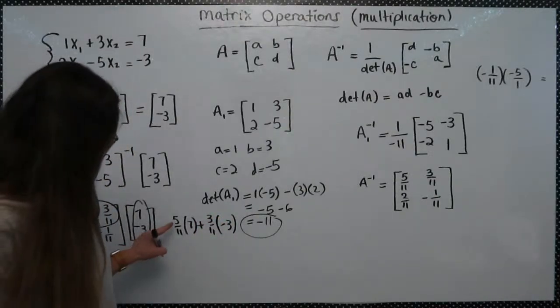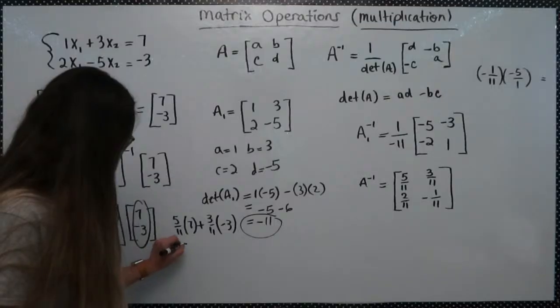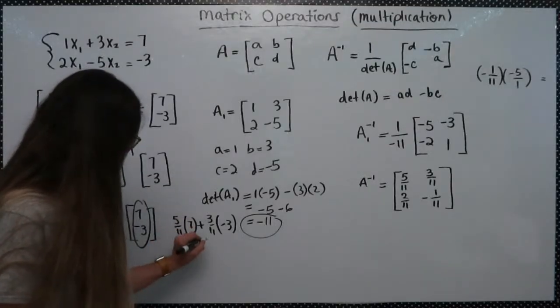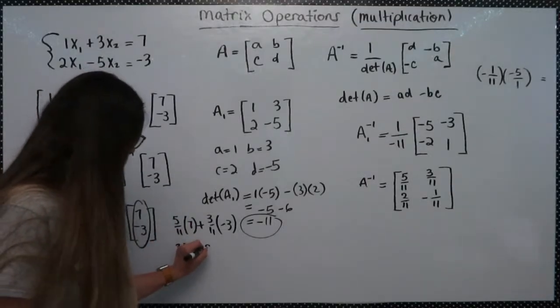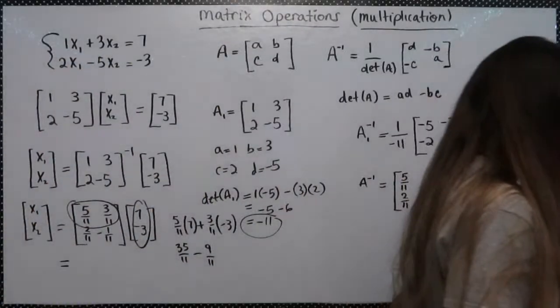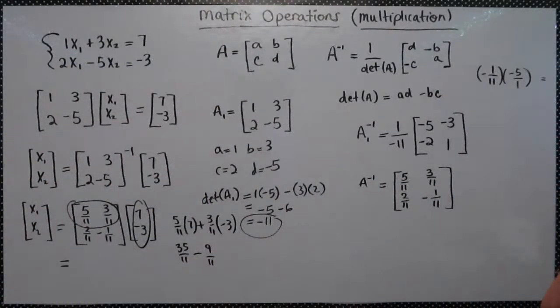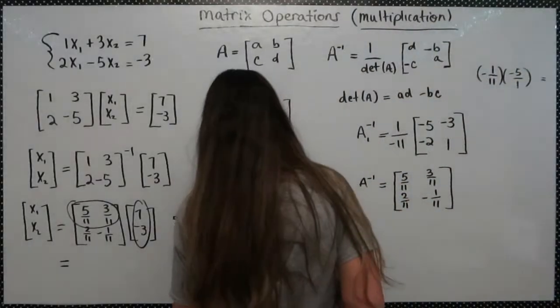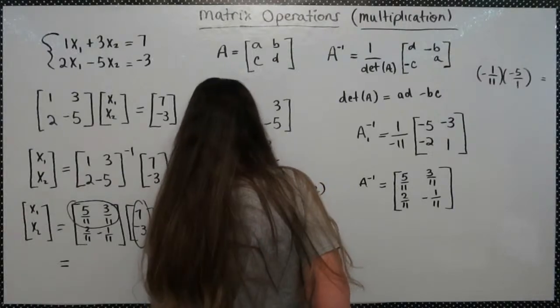So that's 35 over 11 minus 9 over 11. 35 minus 9 is 26. So we've got 26 over 11.